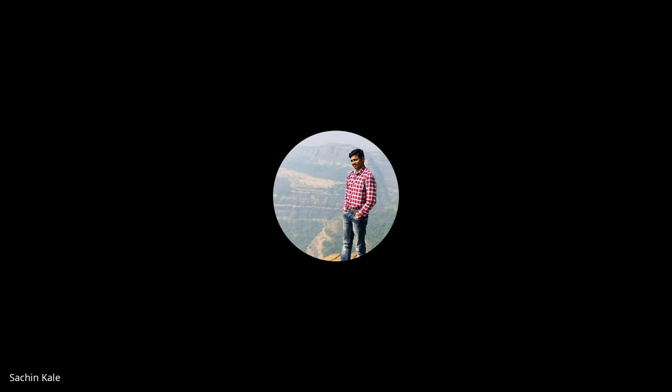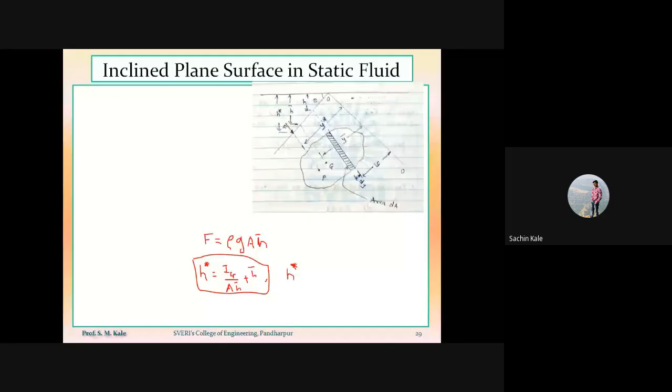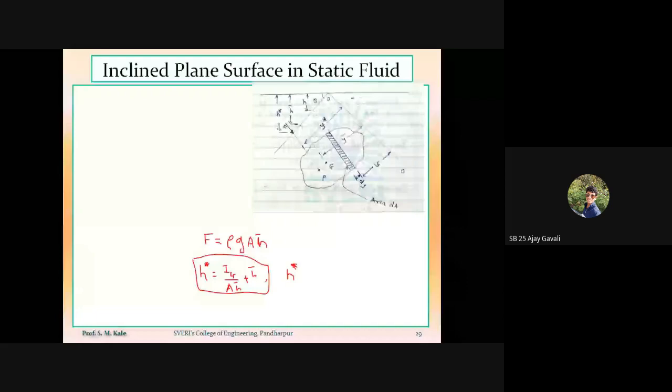Yesterday only we have derived that derivation. So if this will be the case, then how are we going to proceed further? h star is equal to h bar is equal to h. That means in case of horizontal plane surface, the value of h star is nothing but the value of h bar, which is nothing but the value of h.